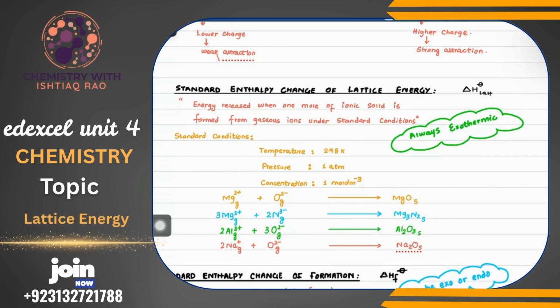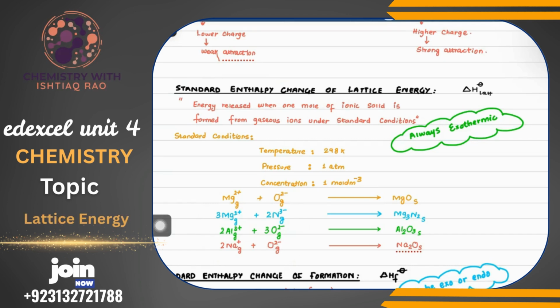If you write numbers other than this, it would not be called standard enthalpy change of lattice energy. And also, next, you need to write down the ions, not in their standard states. That's another difference between the formation and the lattice energy.